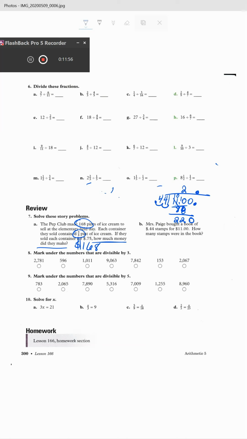Well, how about, let's try times 5. That's a good possibility because 5 ends in a 0. Oh, guess what? How good is that? All right, so how many stamps were in the book? 25 of them. Oh, we have to write the word stamps. All right.